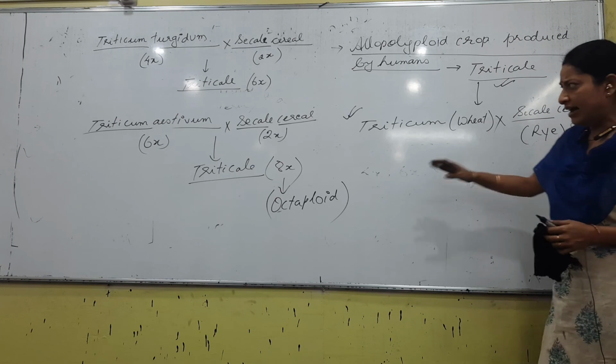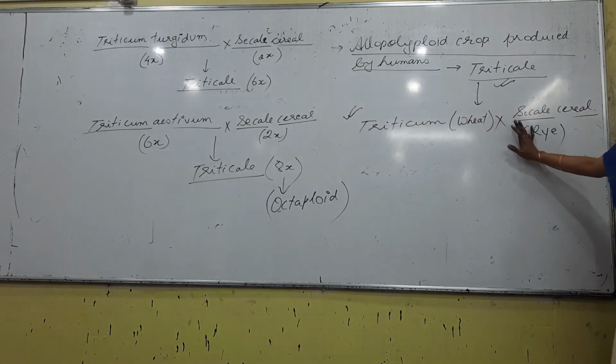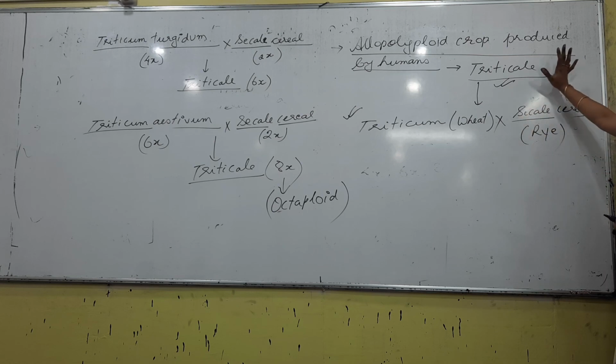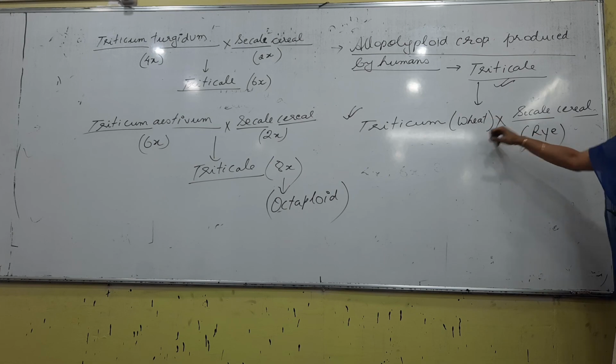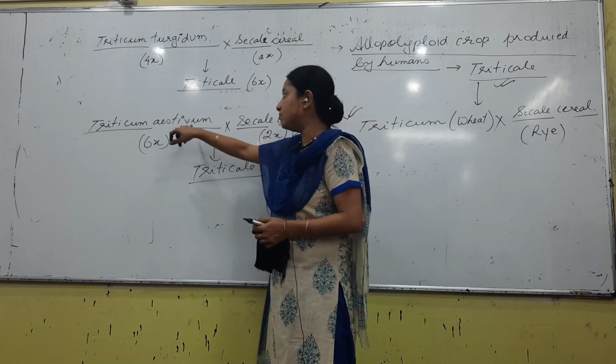Again, this part is not important. What is important is only this: an example of a polyploid crop is triticale, a cross between wheat and rye, right? The scientific name is important. You can give Triticum aestivum or turgidum, most commonly aestivum.